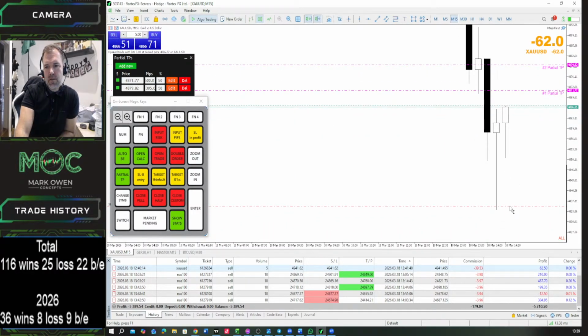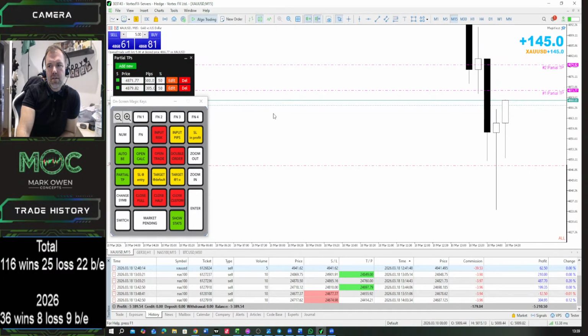There we go. So look, let's reduce risk a little bit now. Get ready to get to break even, guys. It's contrarian, so oh, you little so and so. 35 pips is the number we need.